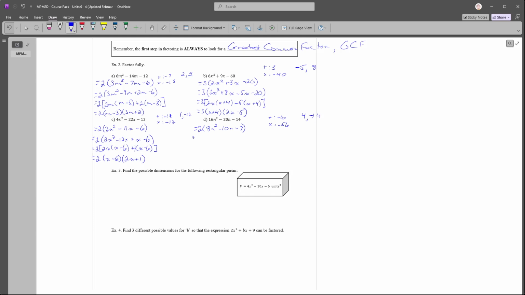So let's write it out. We have 2. We have 8n squared. Now, do we want to put the 14 or the 4 there? It doesn't really make a difference. I think probably putting the 4 there is a better way. So let's say plus 4n minus 14n minus 7. All right.